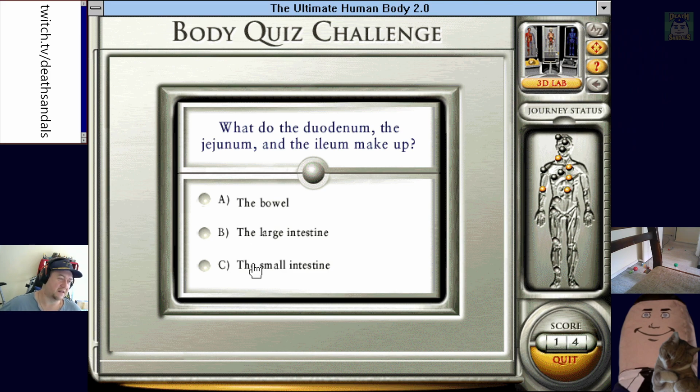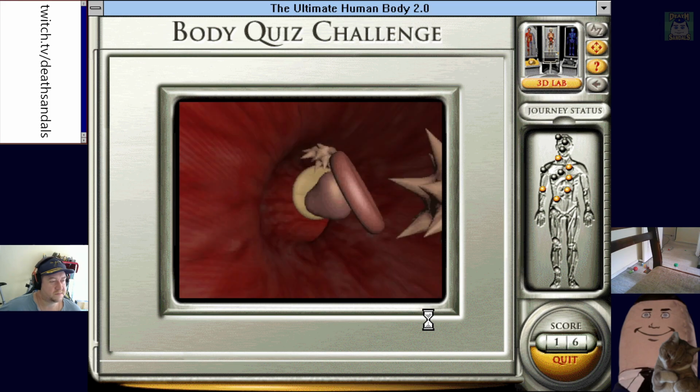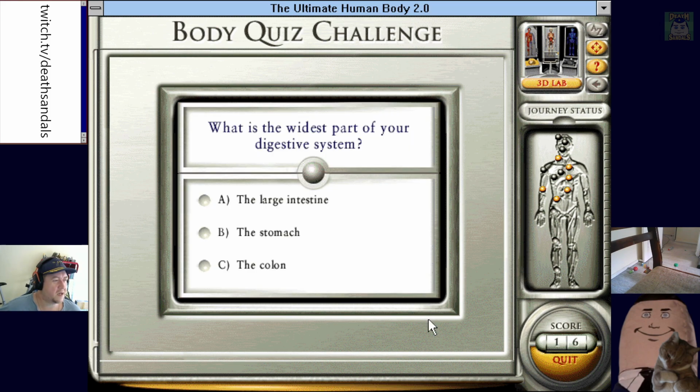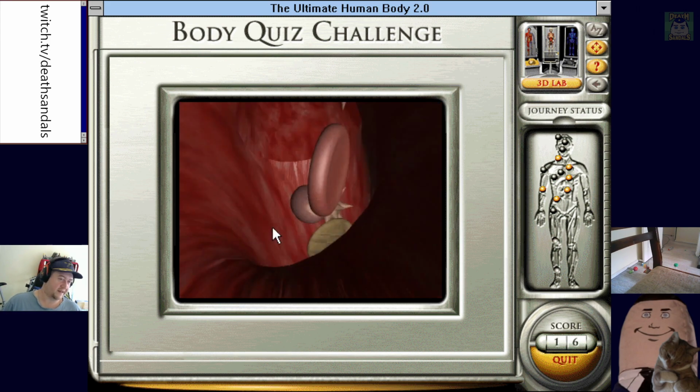I thought that was the lower part of the stomach, so I'm going to say small intestine. And that's correct. Yep. What is the widest part of your digestive system? I want to say the colon. No, large intestine. No, stomach. Yeah, that makes sense.